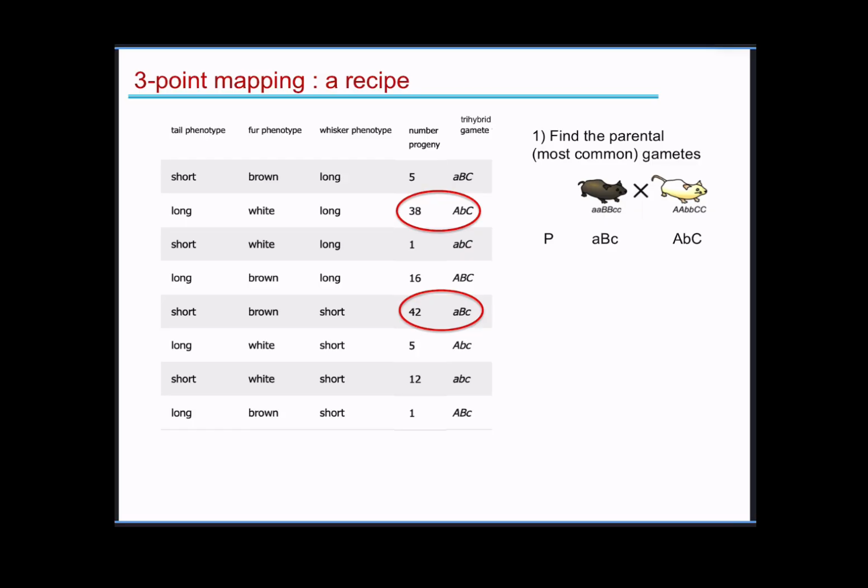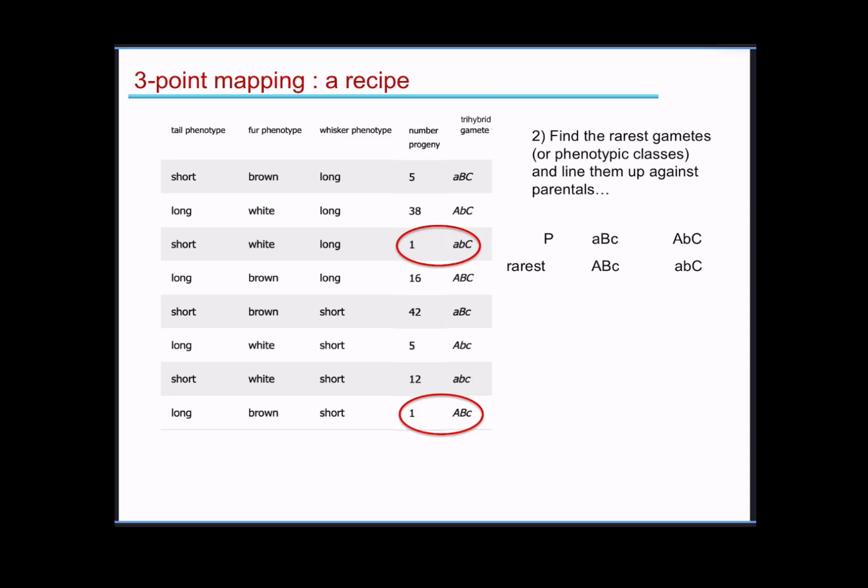Recessive A, dominant B, recessive C, and then dominant A, recessive B, dominant C. What you don't know yet is in what order these things are in the chromosome. You know that those are the allelic combinations, but you don't know yet what order they're in and what the distances between them are. So that's what we'll do next.